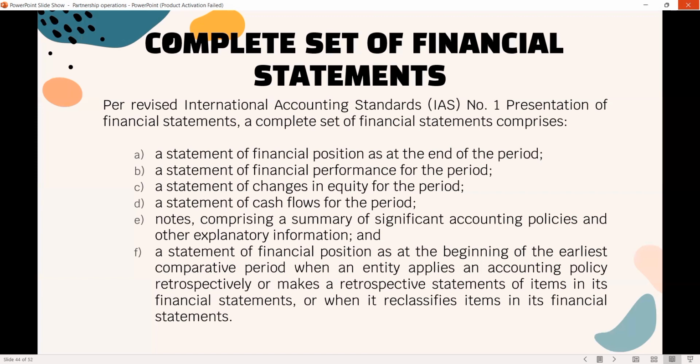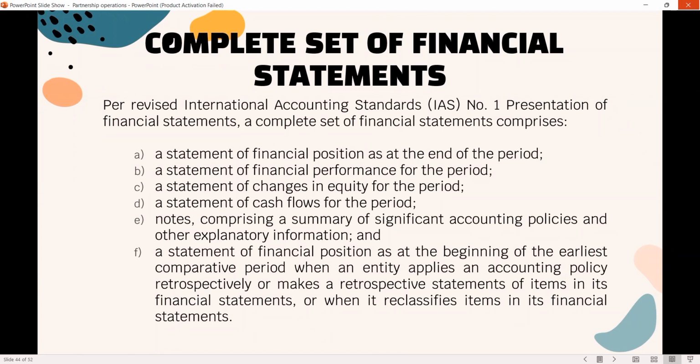Balance sheet, syempre yung financial position, nandun yung asset, liabilities, and owner's equity. Di ba asset equals liabilities plus owner's equity, dapat magbabalance. Next, yung income statement, nandun yung sales, and whether it is a profit or loss yung naganap sa period.